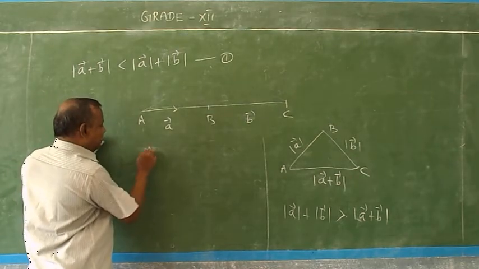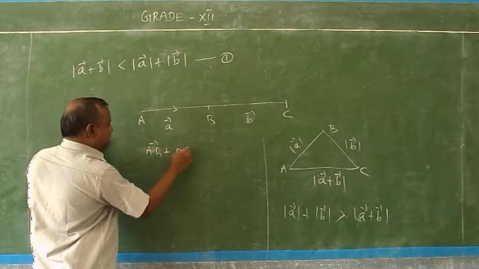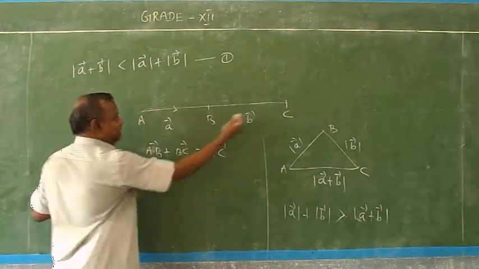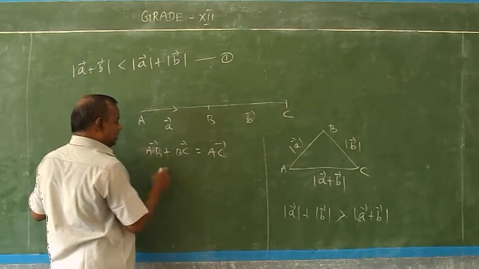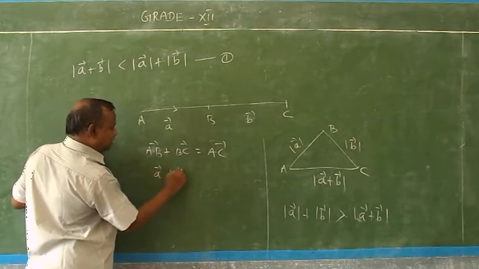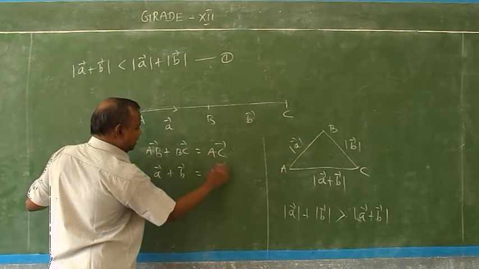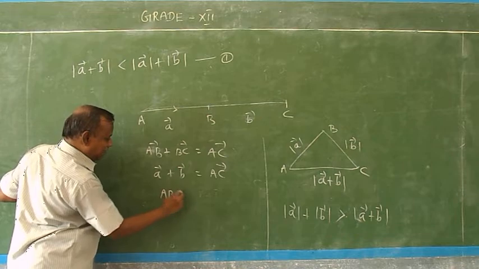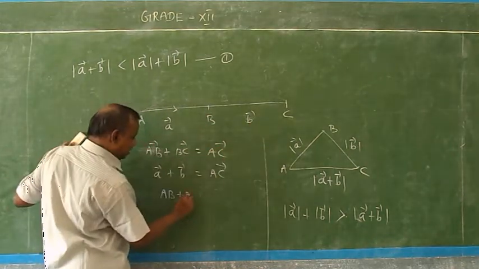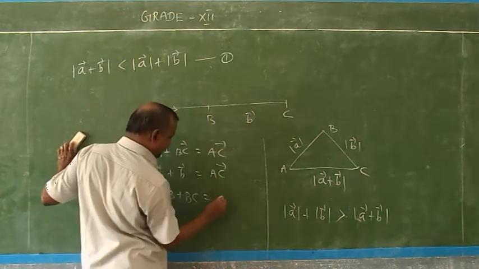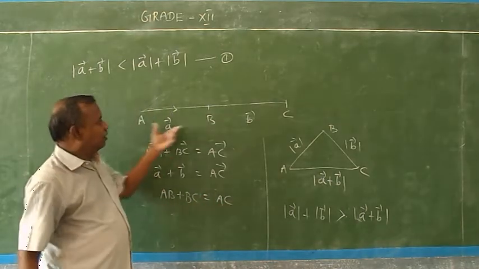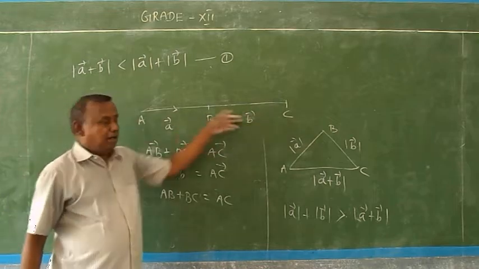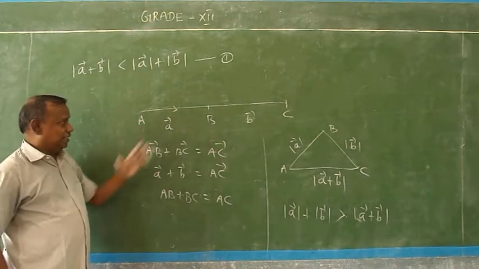So AB vector plus BC vector equals AC vector, and a vector plus b vector equals AC vector. While taking the modulus, the distance AB plus the distance BC is equal to the distance AC, clearly, because they are lying on the same line.